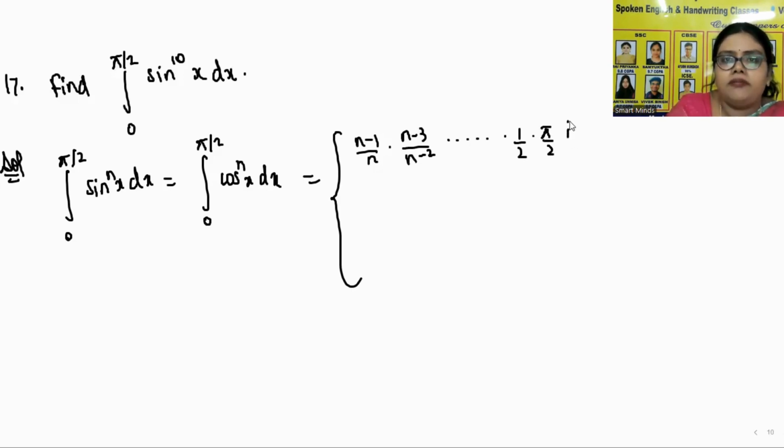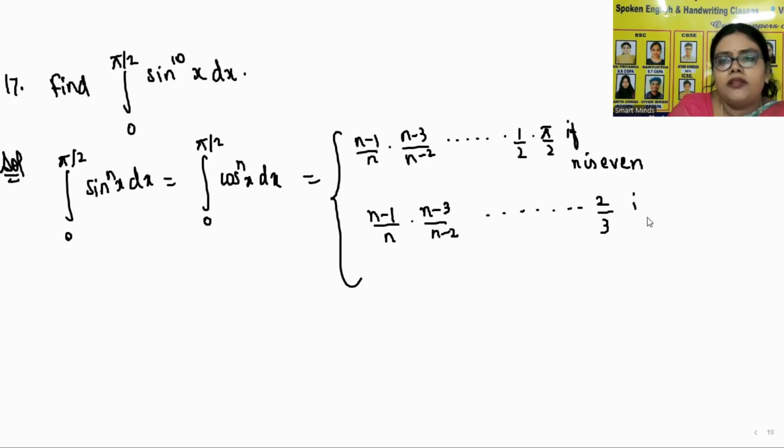If n is even, then this is the formula. And if n is odd, n minus 1 by n into n minus 3 by n minus 2, so on, you have to reduce until you get 2 by 3. This is the formula if n is odd.